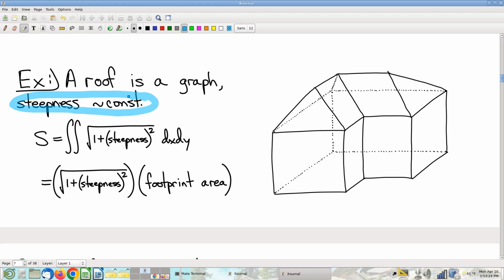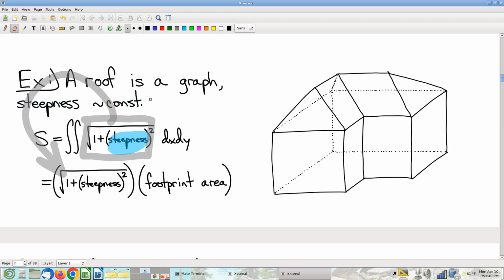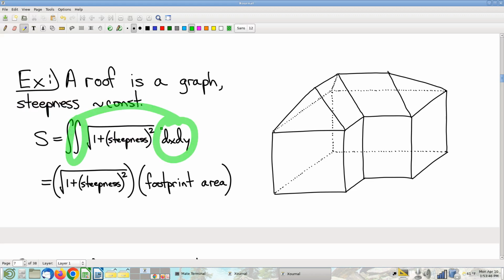So here's the thing. If that steepness is approximately constant, then that means that this whole expression on the inside is constant, and constants factor right outside of the integral. And this is a massive simplification because if you look at what remains, having factored that out, what remains is just the area of the footprint.